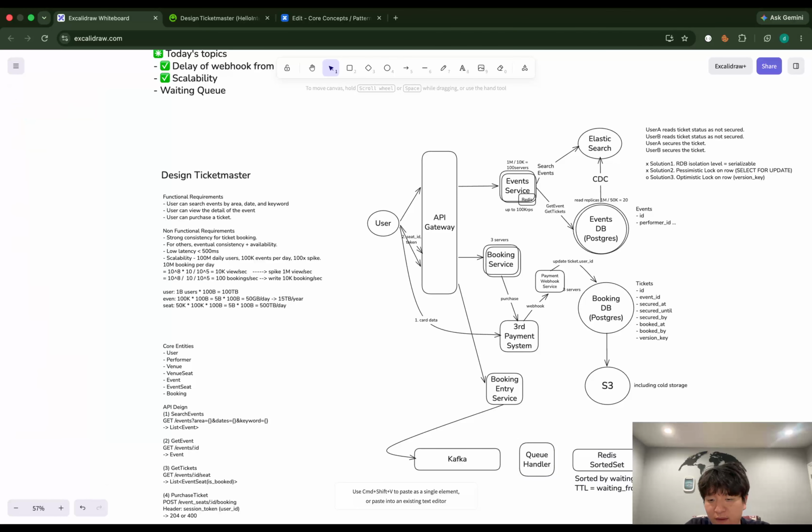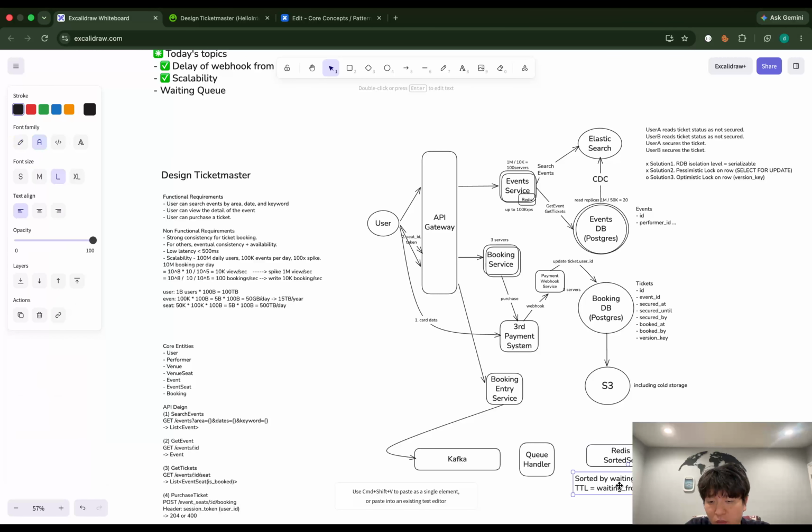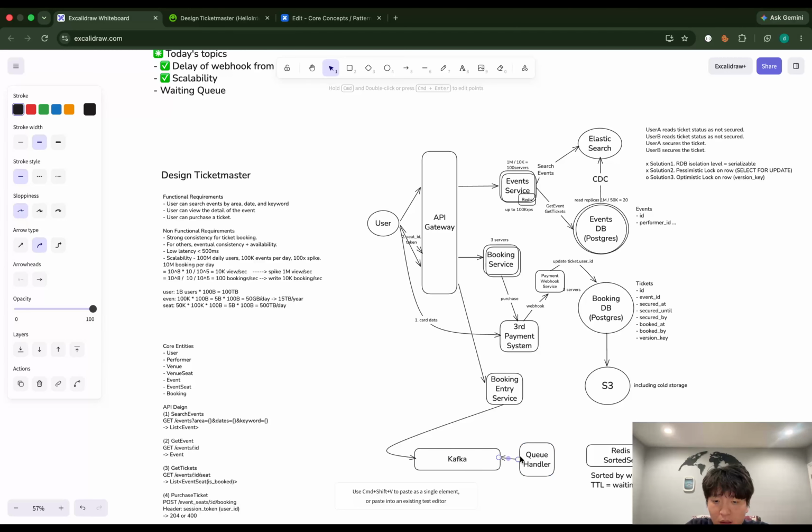And what it does is counts the number of records in the SortedSet and fetches users waiting in the waiting queue and moves them into this Redis SortedSet.